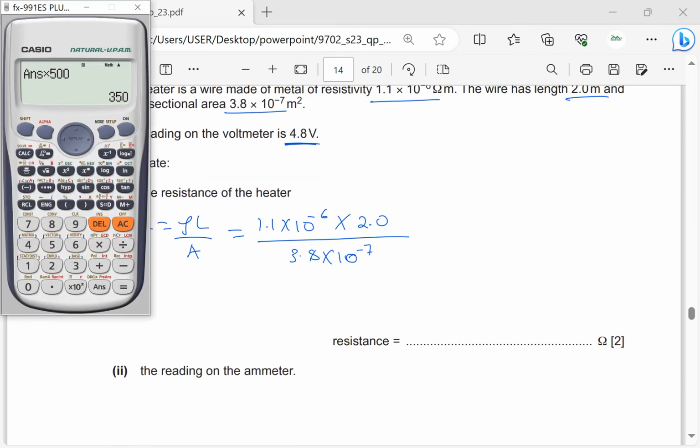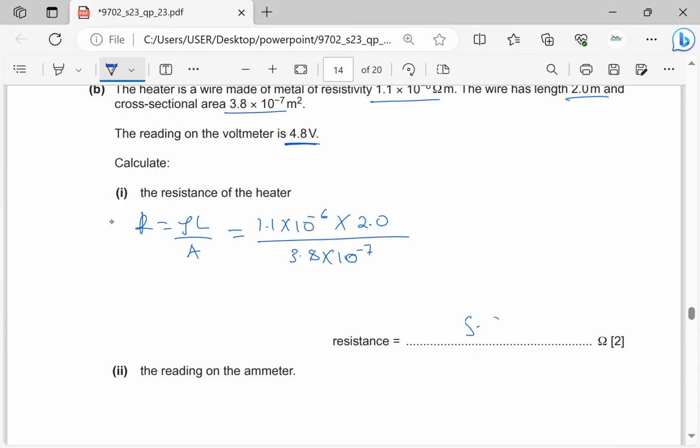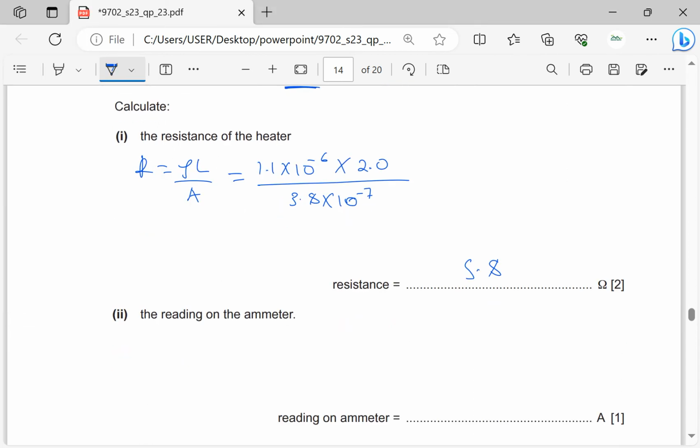So I'll just press my calculator. 2 times 1.1 exponent minus 6 divided by 3.8 exponent minus 7. So this is 5.78, the whole decimal number is recurring, so I'll just write 5.8. So this is 5.8 ohms.